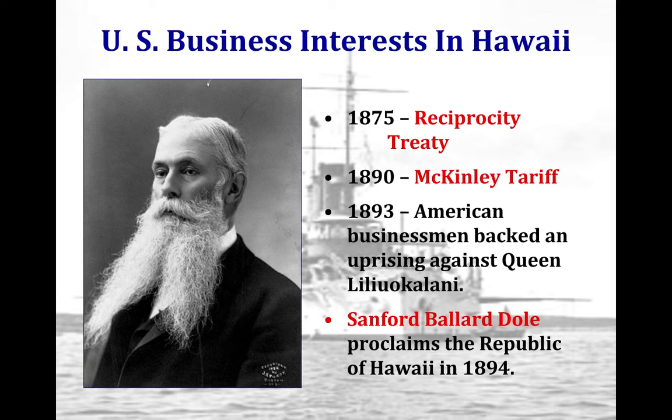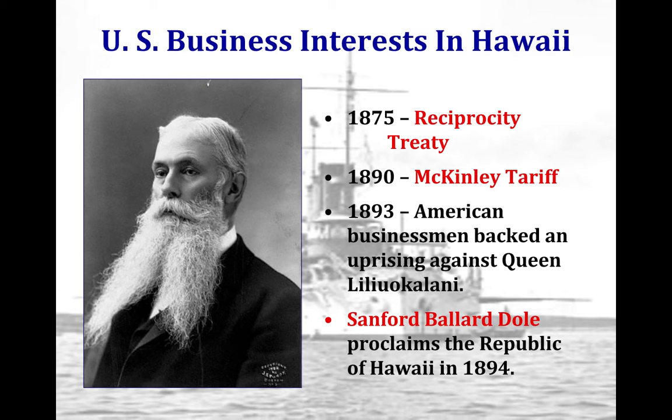In 1890, you have a huge tariff that is enacted. It's called the McKinley Tariff. And what it does is it raises the duty on foreign imports to almost 50%. And this has a huge negative impact on the Hawaiian sugar industry because now Hawaiian sugar is considered to be a foreign commodity, so there's a tax on it. This is going to be really adamantly opposed by any migrant that's in Hawaii getting involved in the sugar industry.